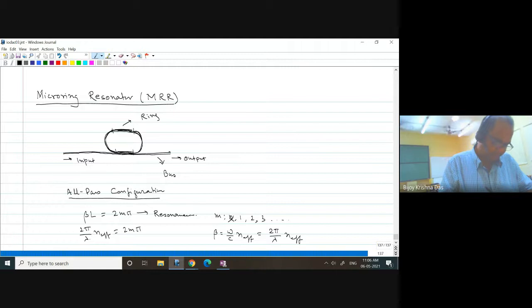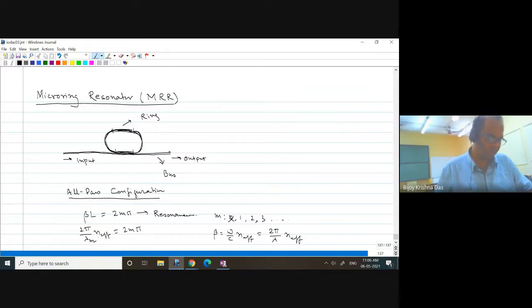n effective can also vary as a function of lambda. I will discuss that later. So lambda will be varying. For a given m, if I consider n effective fixed as a function of lambda, and m is discretized for 1, 2, 3, and so on, then lambda also will be discretized.